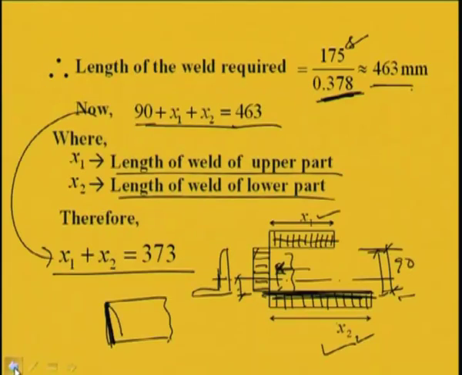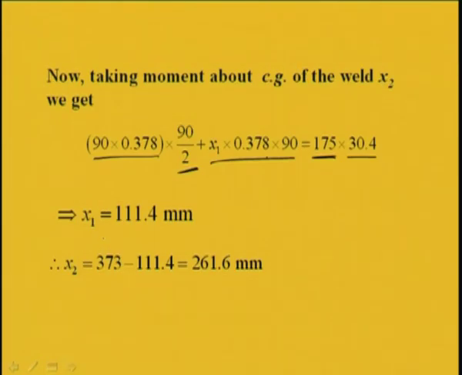This is given in the code. This distance is 30.4 millimeter because this is the CG of the section. So the CG of the weld should pass through the CG of the section.